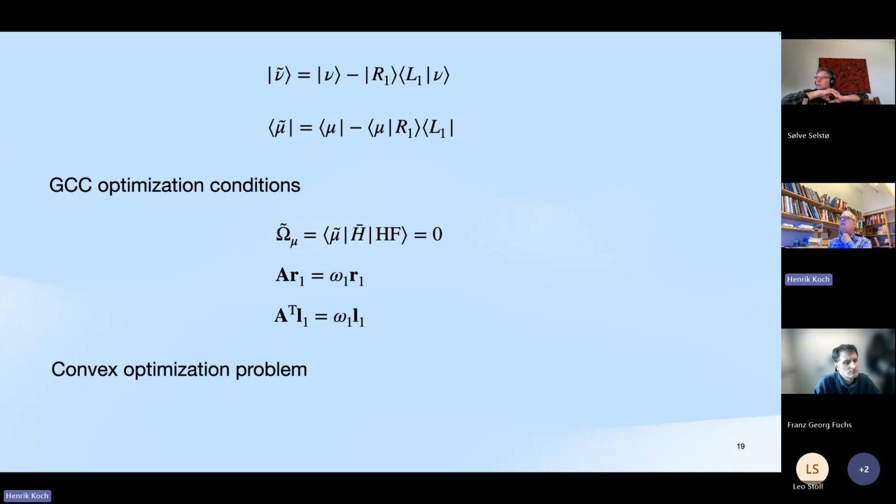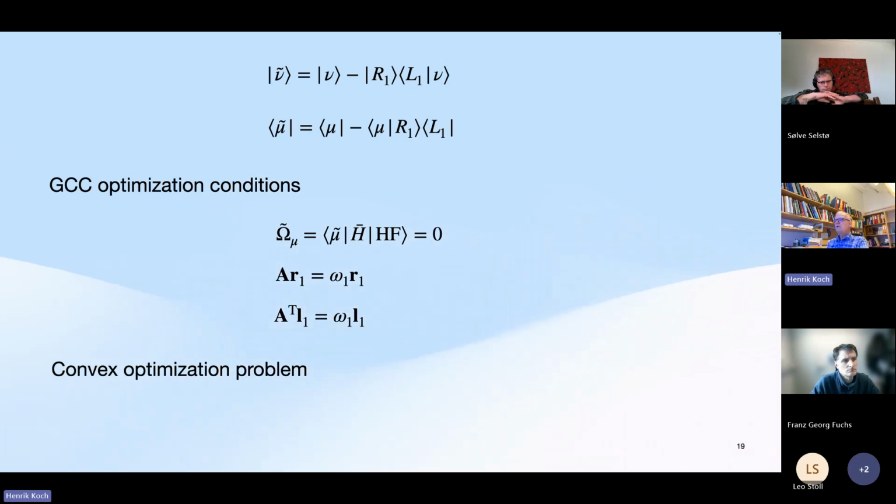So you also then need to, because you now have one component less in your T amplitudes, change the projection manifold that you use in order to solve the coupled cluster equations. So you simply remove those components in the left and the right projection manifolds. And then we actually get what we call generalized coupled cluster optimization conditions, omega tilde here, where we have changed the projection manifold and we have changed the T amplitudes in the coupled cluster wave function.